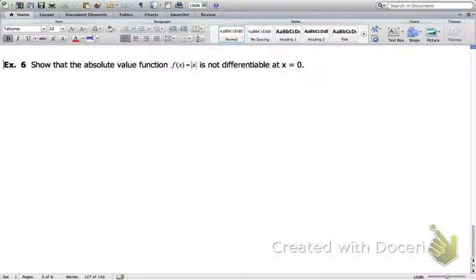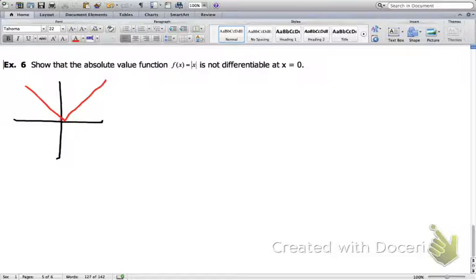And for our last example, we want to show that the absolute value function f of x, which is equal to the absolute value of x, is not differentiable at x equals 0. Just to graph this, we know that the graph of this is going to look like this, with the vertex right at 0.